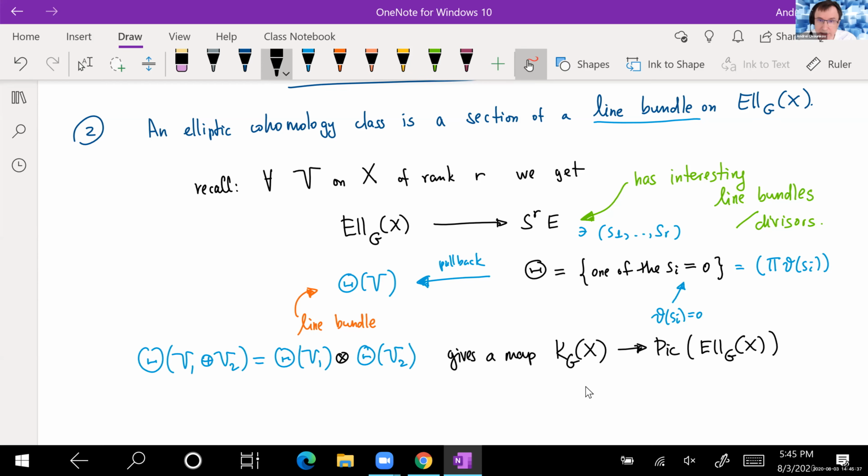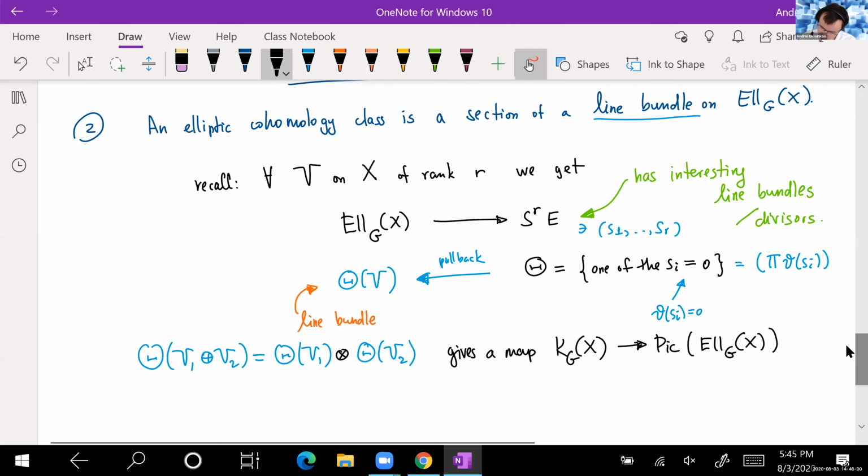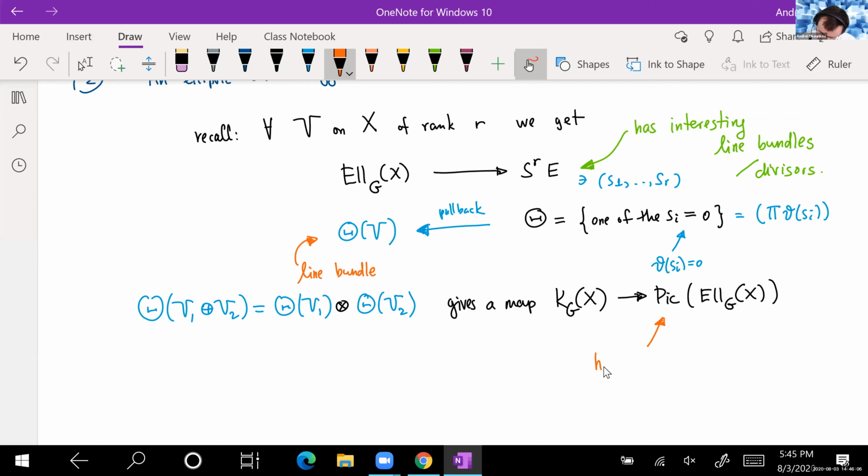If I restrict to a fixed point or to another orbit, I'm going to get a line bundle on the Abelian variety, and I can compute its degree and its image in Pic zero of that Abelian variety. So this has degree, and also has Pic zero. This can be really important for us.